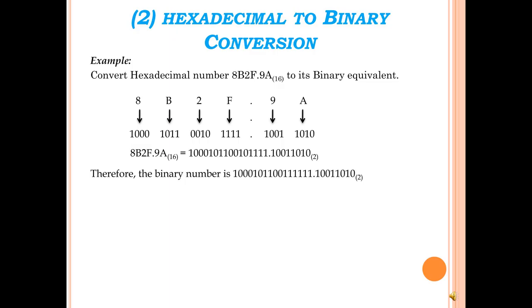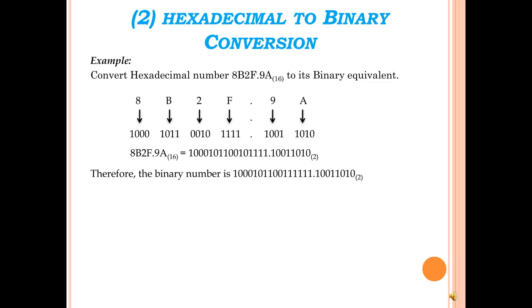So number 8 represents 1000. Number B denotes 1011. Number 2 denotes 0010. Number F denotes 1111, dot. The number 9 denotes 1001 and number A denotes 1010.